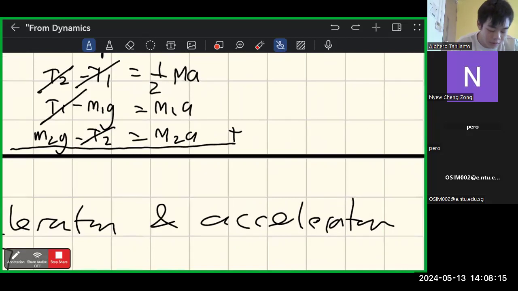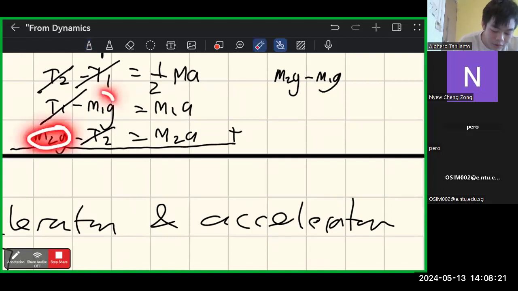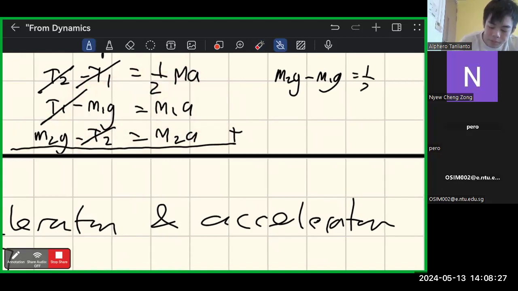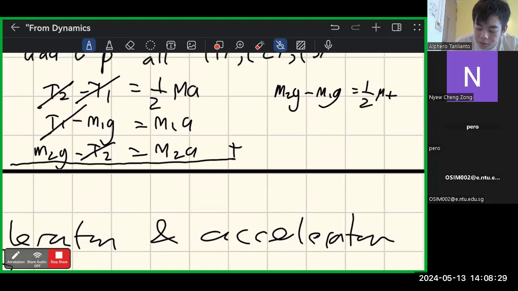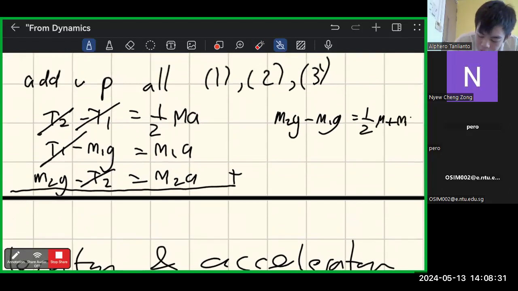What's left on the left side is M2 G negative M1 G, and the right side adds up to half of M added by M1 added by M2.